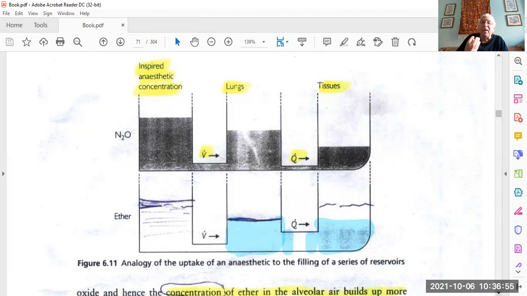Nitrous oxide is taken slowly from the blood, unlike ether, which is taken up much more. Therefore nitrous oxide in the alveoli is easy to increase in comparison to ether, so that we can have much more nitrous oxide tension in the alveoli compared with that of ether.